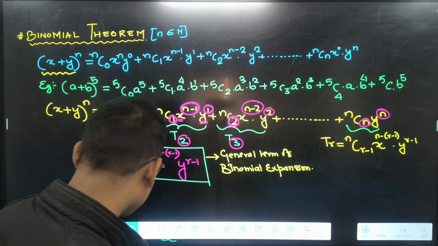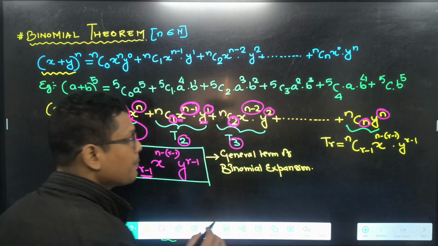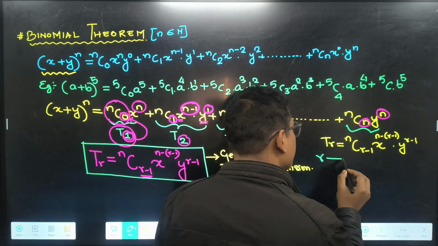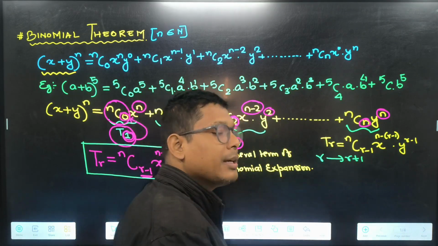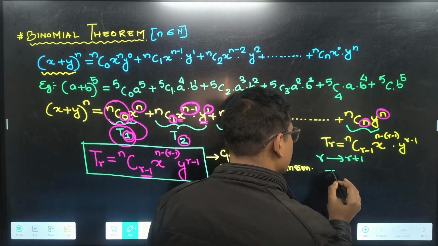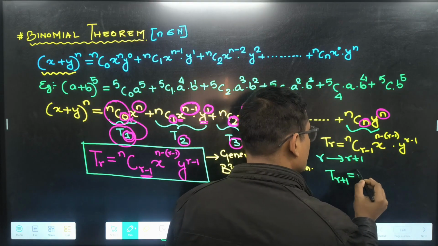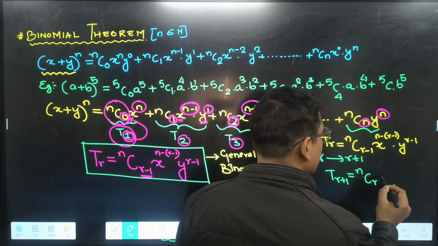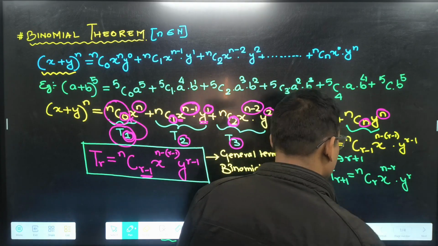To make it more catchy or more handy, we will replace r by r plus 1. If we replace the variable r by r plus 1, then the whole expression will become T r plus 1 is equal to n C r x to the power n minus r into y to the power r.